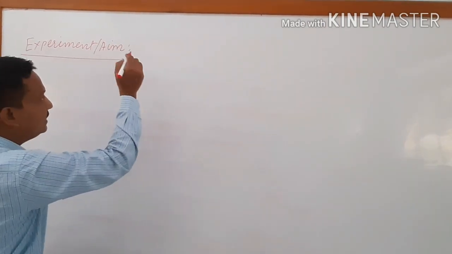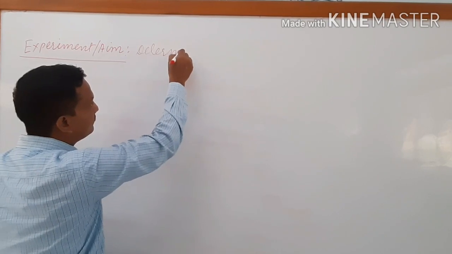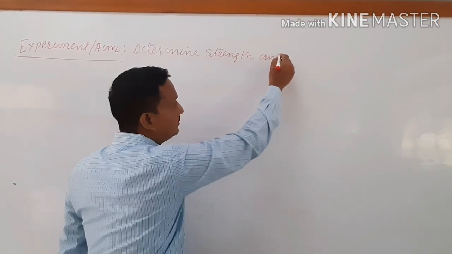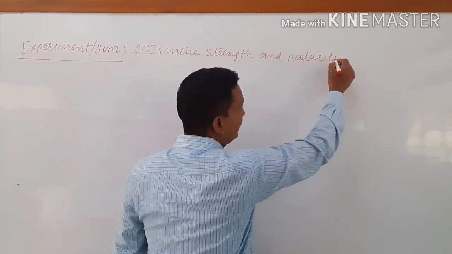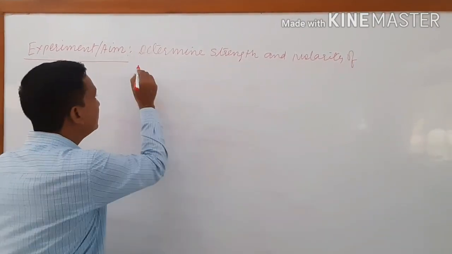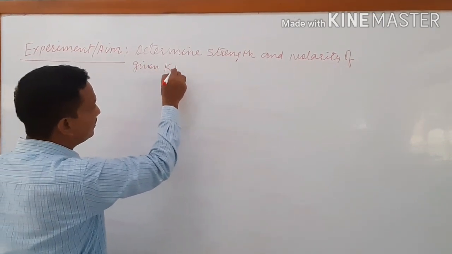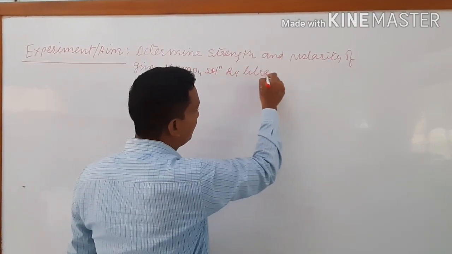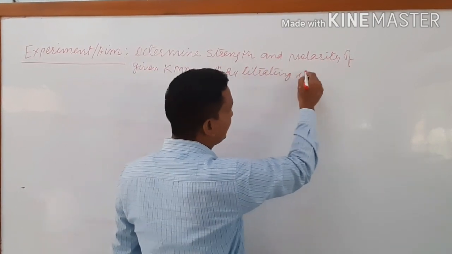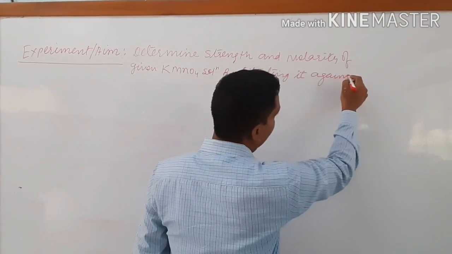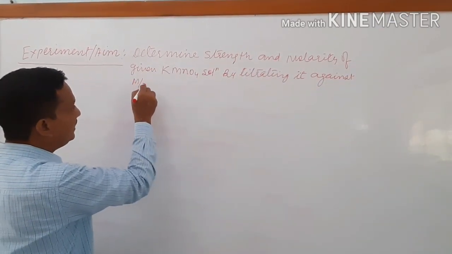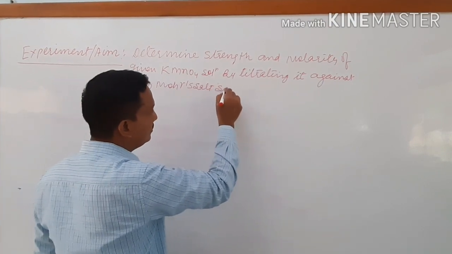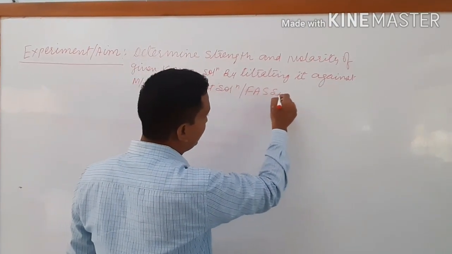Our aim is to determine the strength and molarity of the given KMnO4 solution by titrating it against M/20 Mohr's salt solution, or ferrous ammonium sulfate solution.